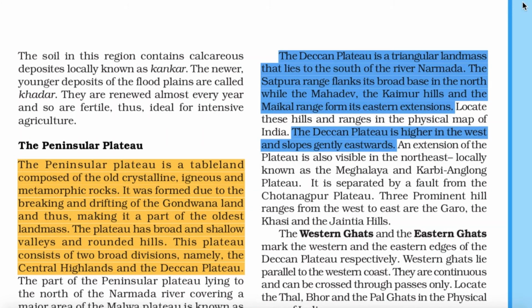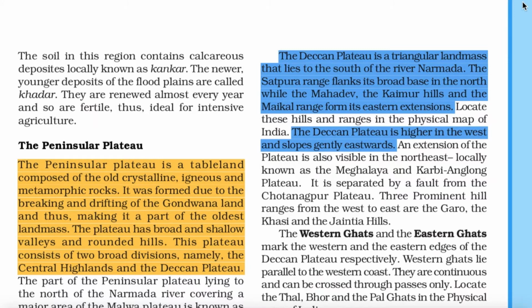The Deccan Plateau is a triangular landmass that lies to the south of the river Narmada. The Satpura Range flanks its broad base in the north, while the Mahadev, the Kaimur Hills and the Maikal Range form its eastern extensions. Locate these hills and ranges in the physical map of India.